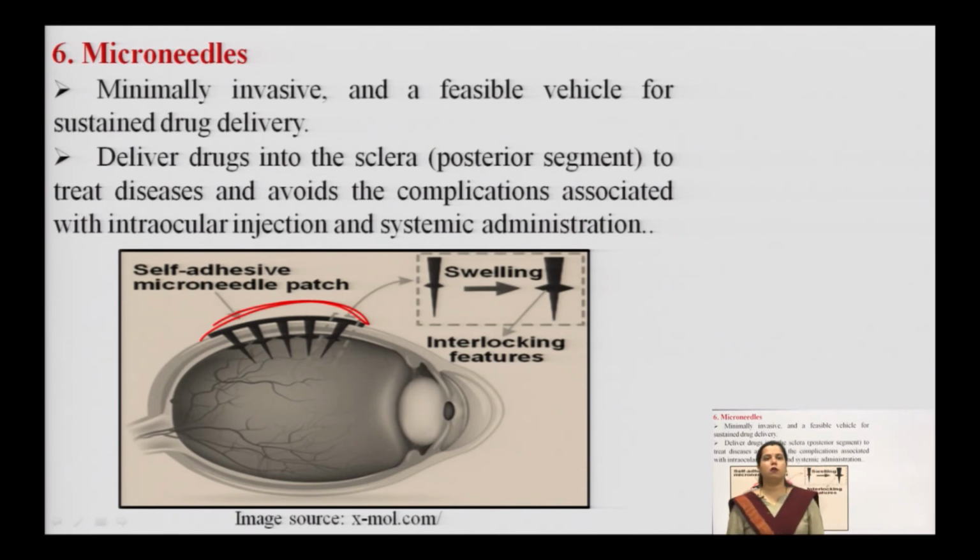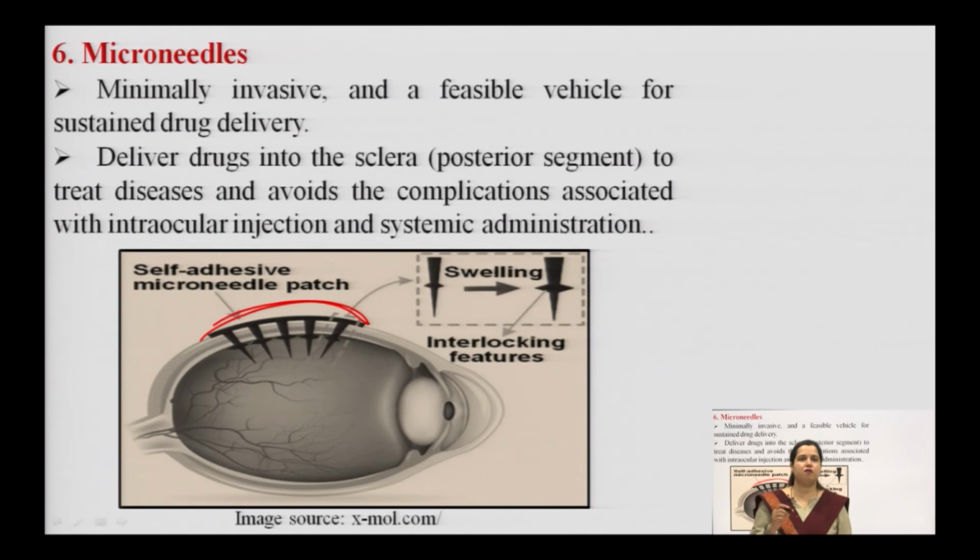It is a type of patch which has minute outer projections which can be placed on the eye in a particular region, and after inserting this patch on the eye, it will start releasing the drug in a sustained or controlled manner, right.